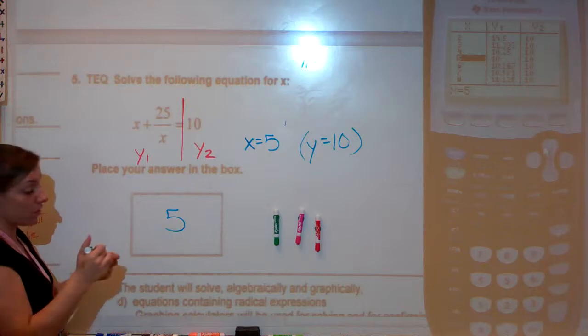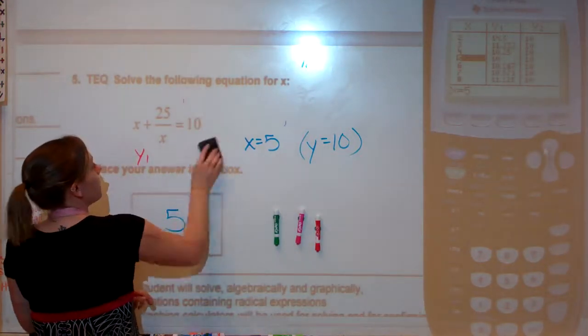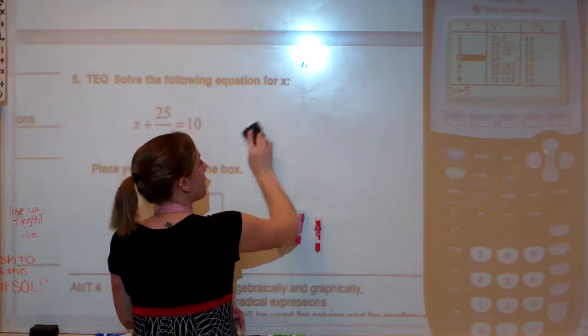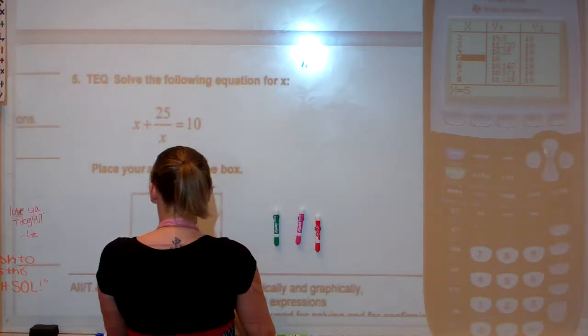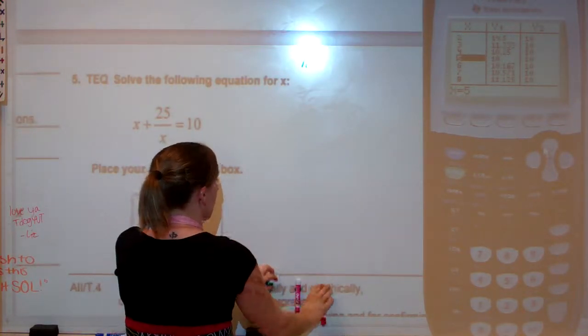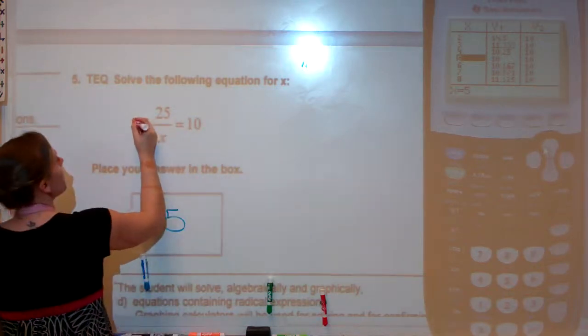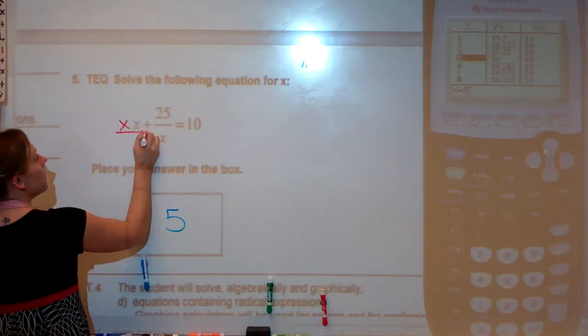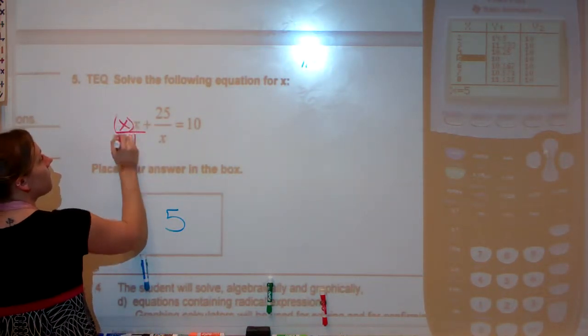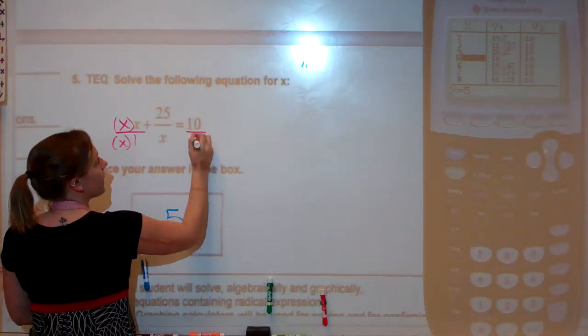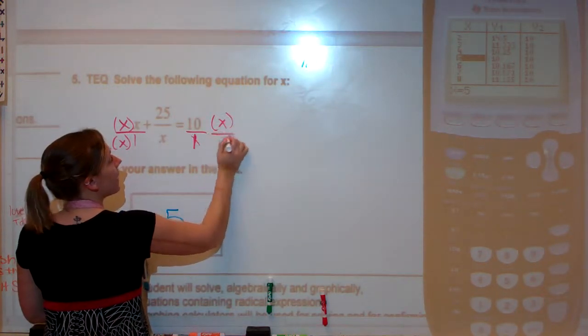You could solve it the long way. Let me do that for you real quick. The long way would be to multiply this by x, because I would need an x on the bottom. That's already good. Multiply that by x.